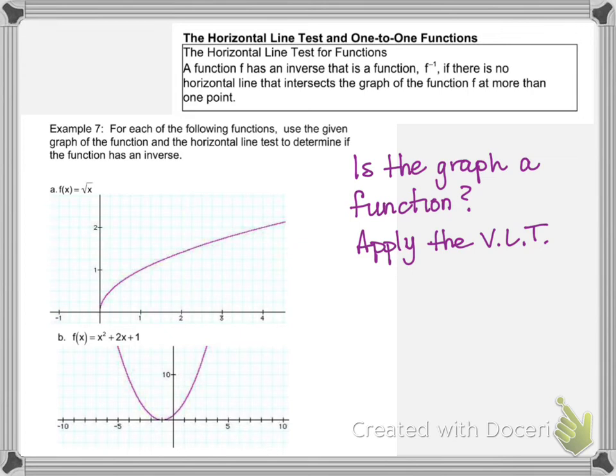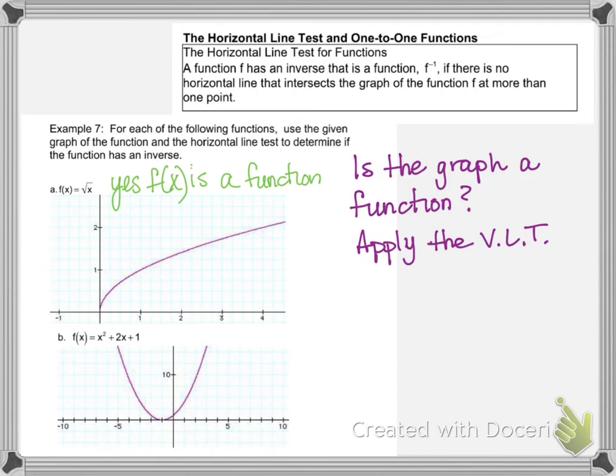So as far as, is this graph a function? I'm going to say yes. f of x is a function, and that's because it passed the vertical line test.